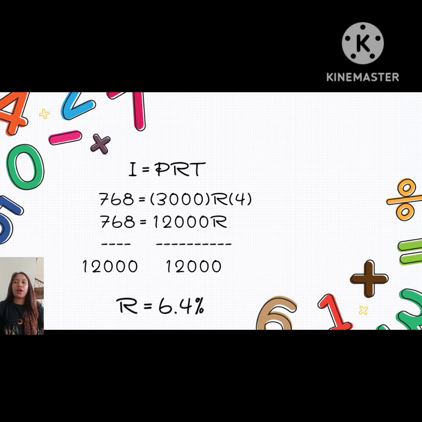We are going to multiply it by 100 to see the value of the rate. So 0.064 times 100 is equal to 6.4%. So our rate is equal to 6.4%.